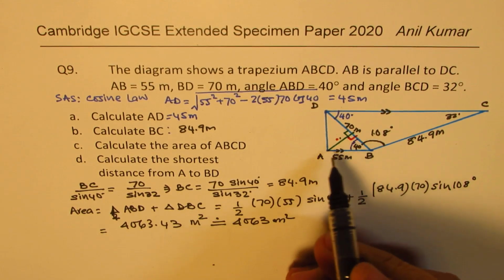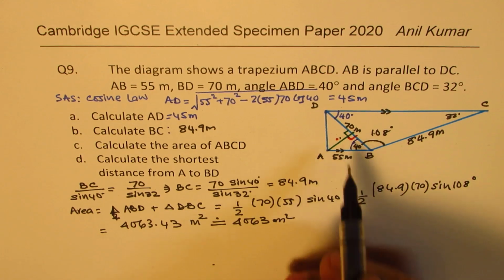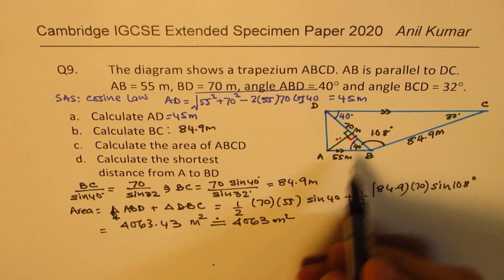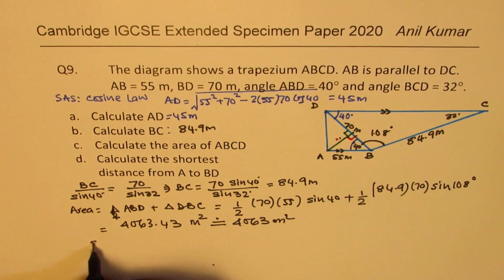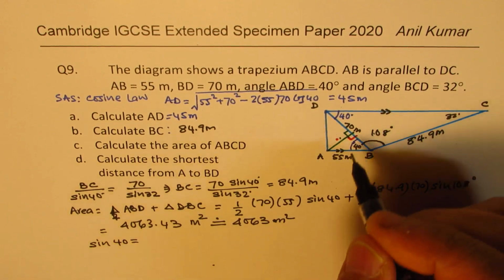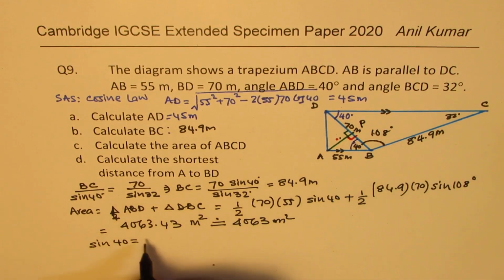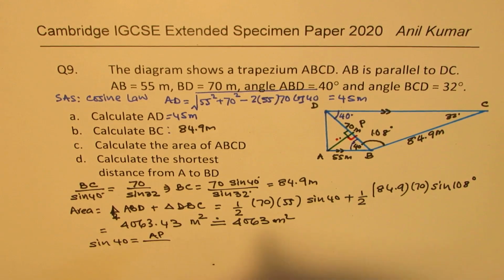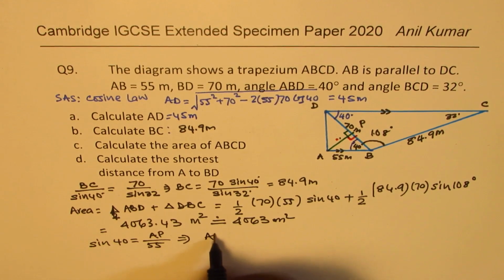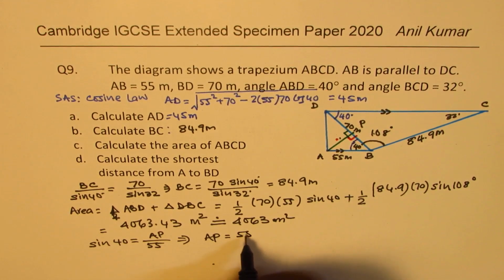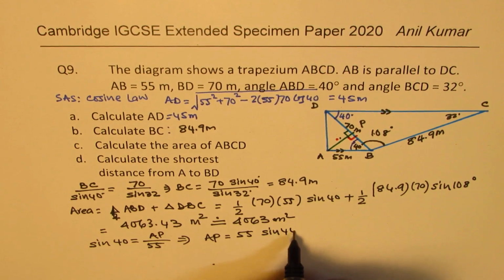So we can again work on the same thing, and we now know that sine of 40 degrees is actually equal to the perpendicular. Let's call this point as P, AP over the hypotenuse of 55. So that gives you AP as 55 times sine of 40 degrees, correct?